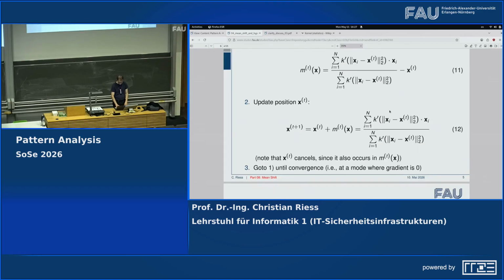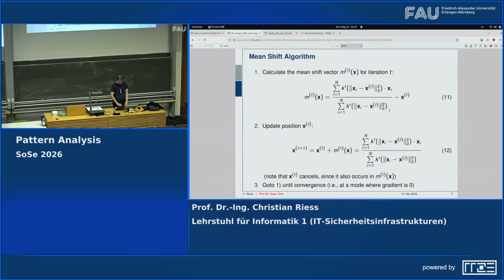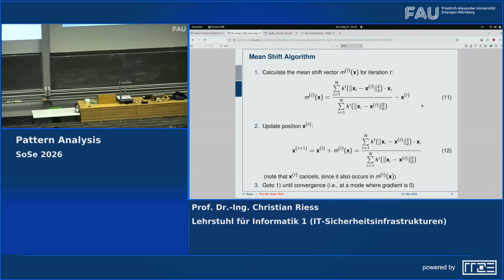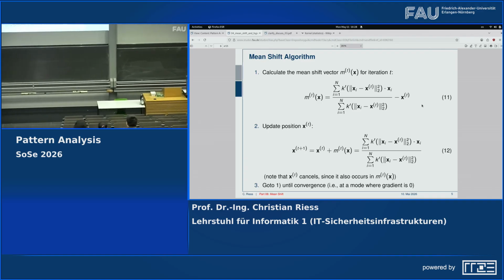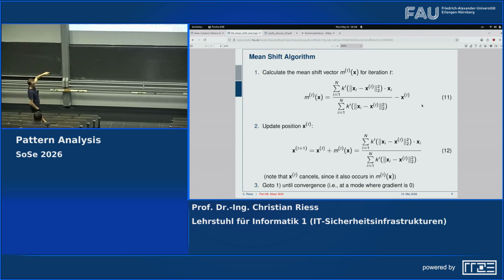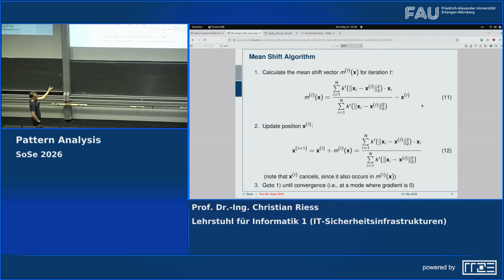Here's our algorithm. In equation 11, we have this mean shift vector. And then in equation 12, there is the update of the position in iteration t to a new position in iteration t plus 1.